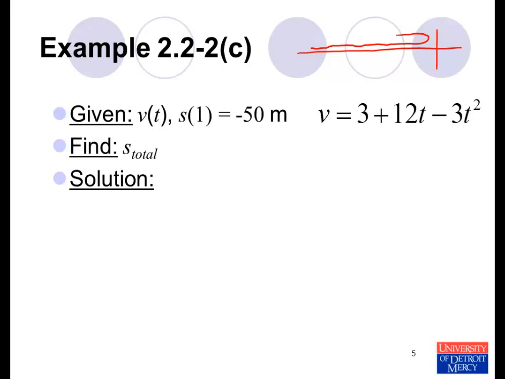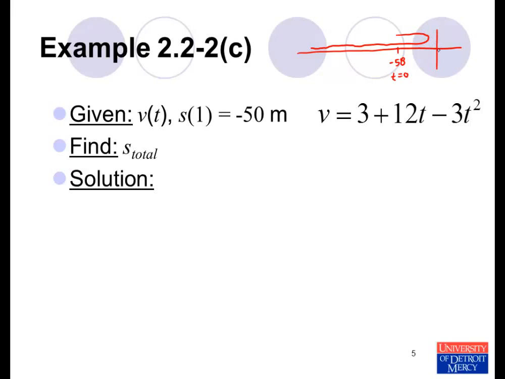From part B, this isn't necessary exactly, but from part B, we knew that we started at minus 58 at time equals 0. And then at time equals 1, we know that we're at 50 seconds.